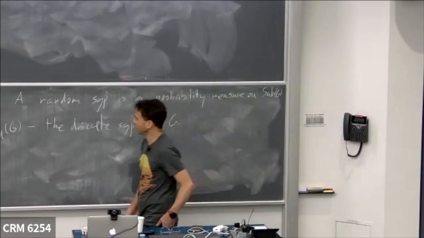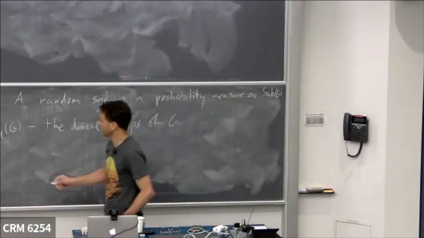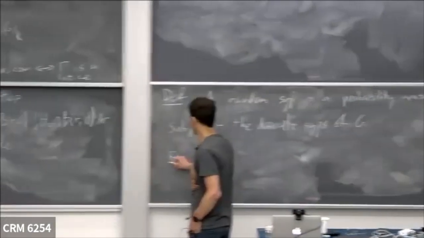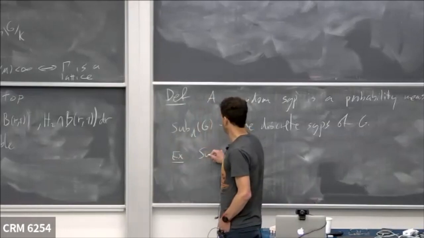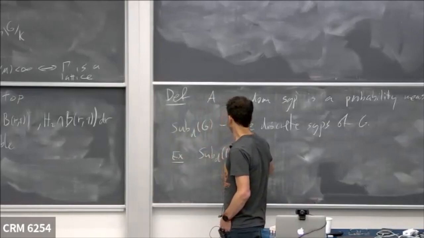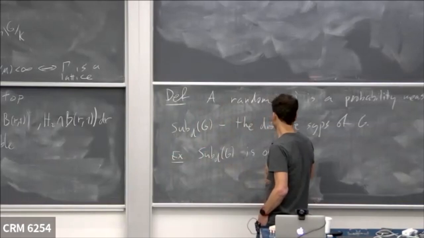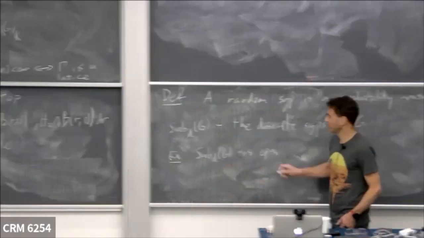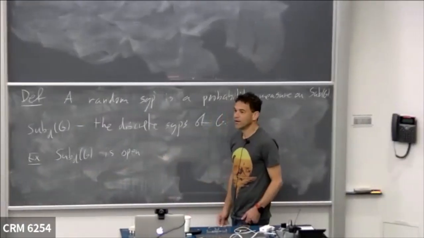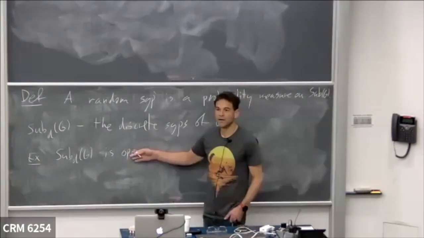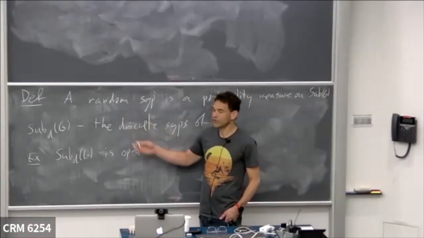And this here is another exercise for you. This subset is open. So it's a nice subset inside Sub G. This is basically equivalent to the fact that G is a Lie group.